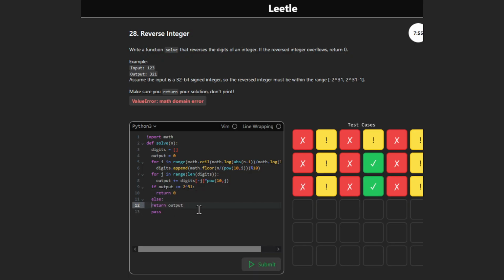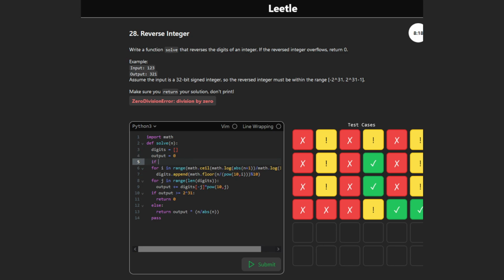Else, return output multiplied by n divided by abs of n. This will just give us the sign. It's even more wrong. Division by 0. Oh. If n equals 0, return 0.